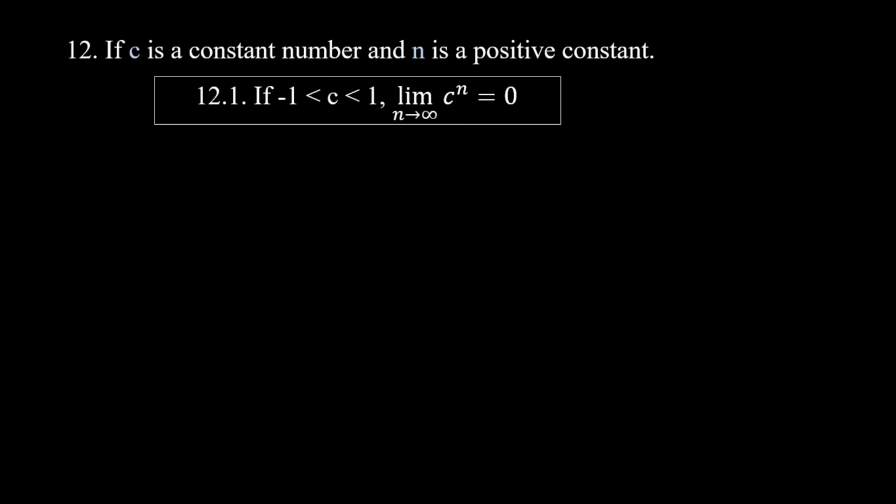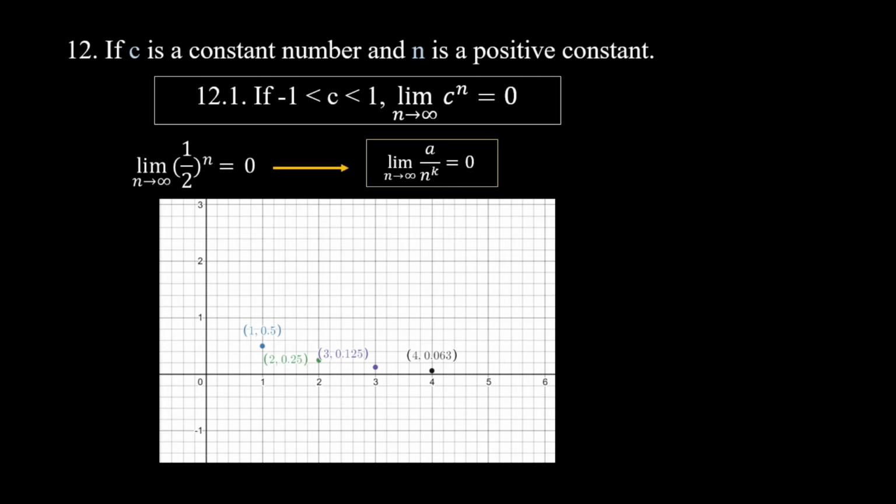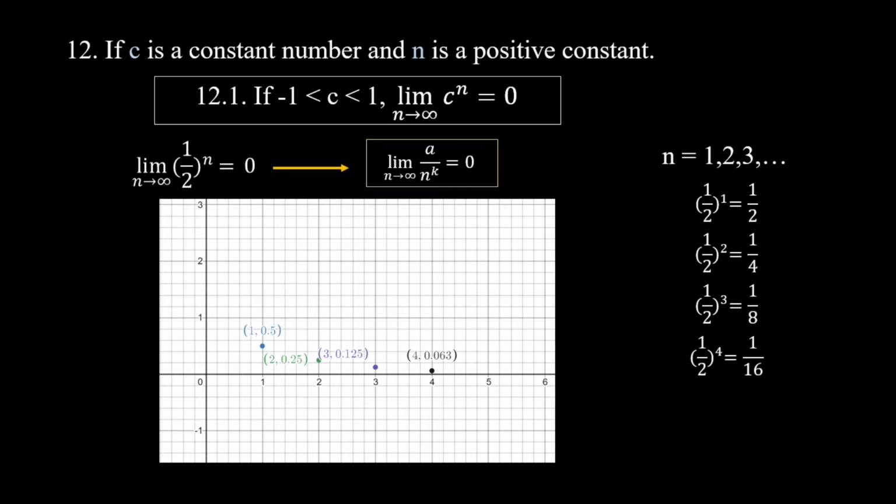So if it's a fraction to the n, you will always get 0, which means it converges to 0. So when we plug in the number, for example, limit of 1/2 to the n as n approaches infinity, you get the first term 1/2, the second term 1/4, the third term 1/8. Now you can see it is coming closer to 0.